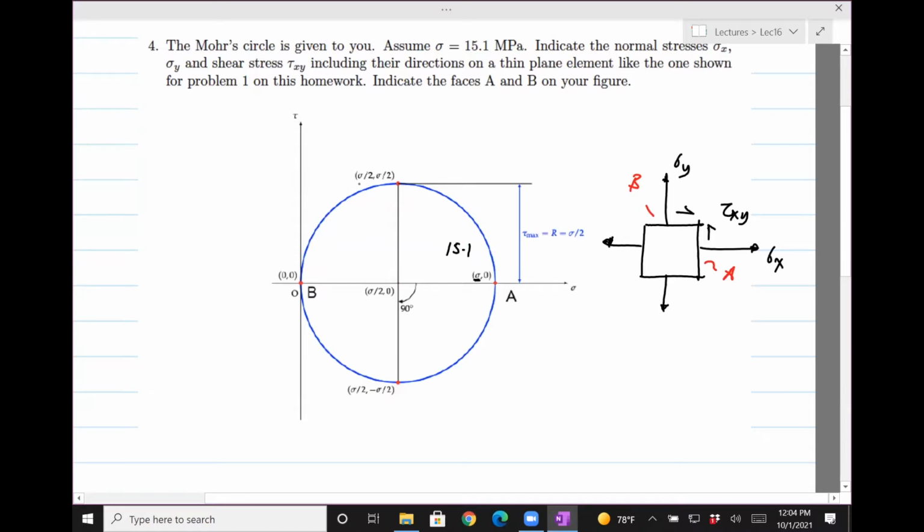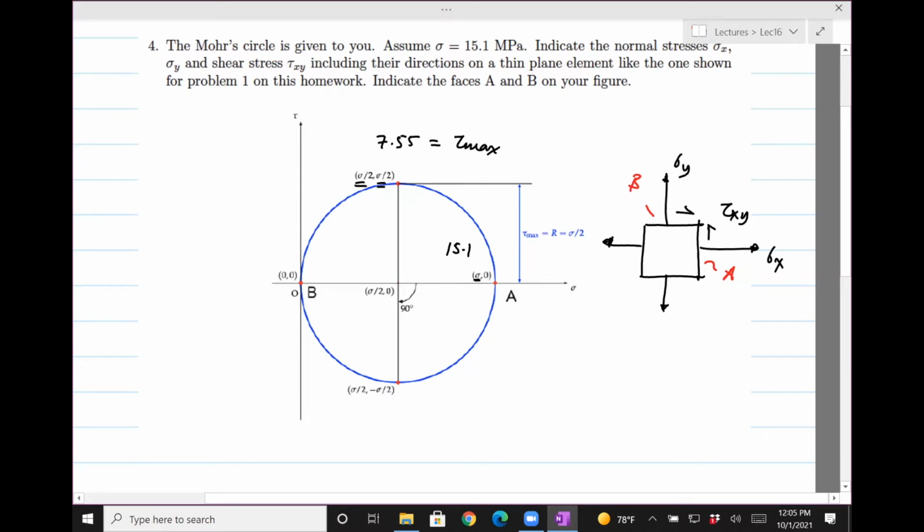And then the shear stress here is given to you. It's half of 15.1, which is 7.55, which is going to be the maximum shear stress. 7.55 is right, not 7.05.